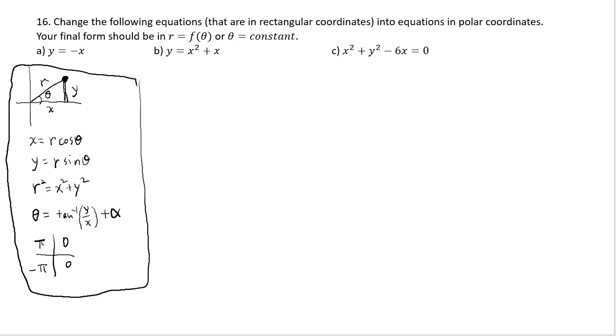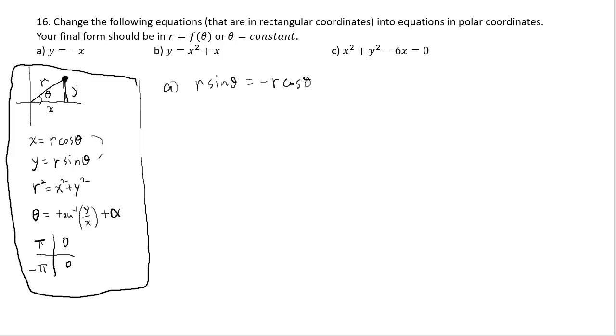Now among these, when you're trying to change a rectangular equation into polar, you mainly just have to apply the first two. You just replace y by r sine theta, and x by negative r cosine theta.